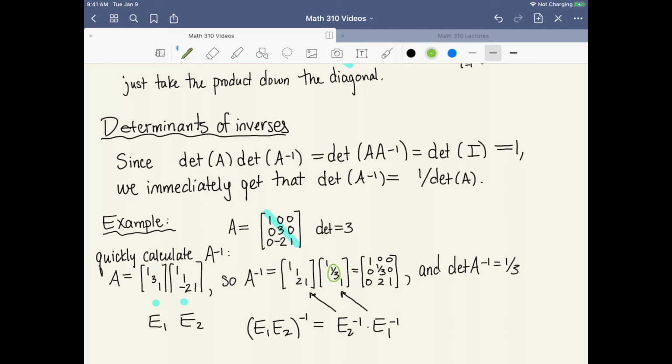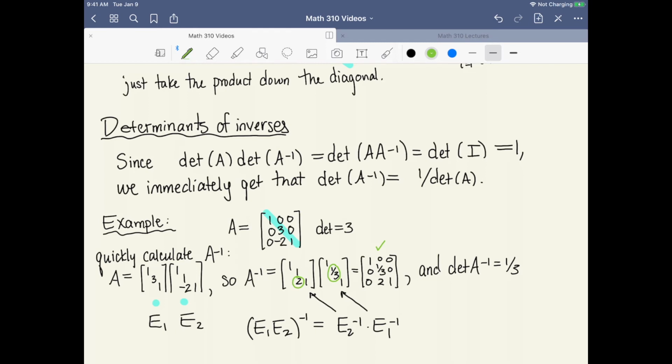And in the case of the elementary matrix E2, which encoded the row operation minus 2 R2 plus R3, we change the sign of the entry off the diagonal. And then multiplying those two together, we see A inverse, which is this matrix here. This has determinant 1/3, which confirms something that we already know, which is that the determinant should be 1 over 3 because the determinant of A was 3. So this is demonstrating both the determinant of inverses and also a method for calculating an inverse matrix.